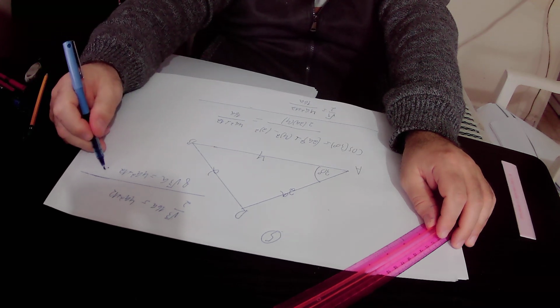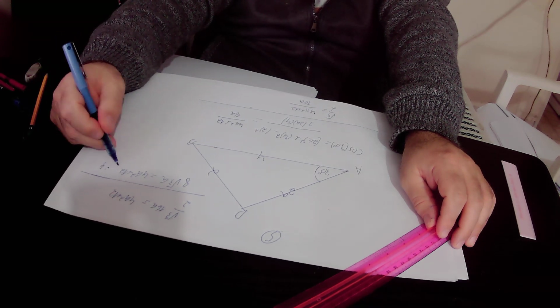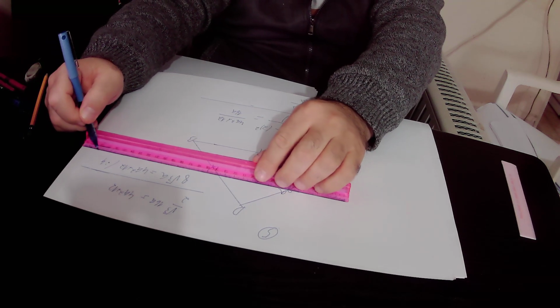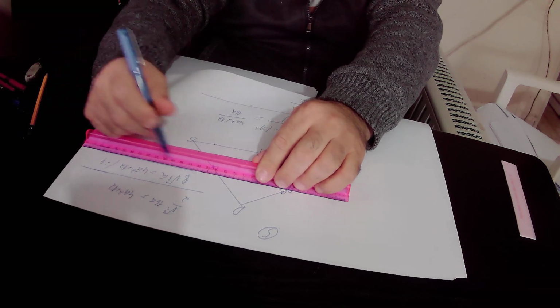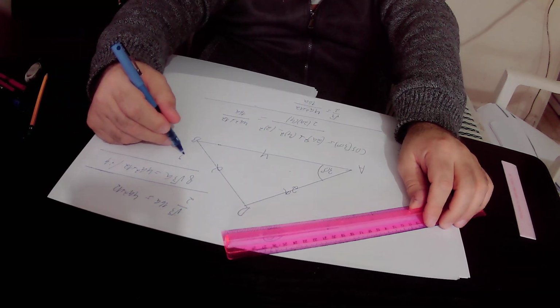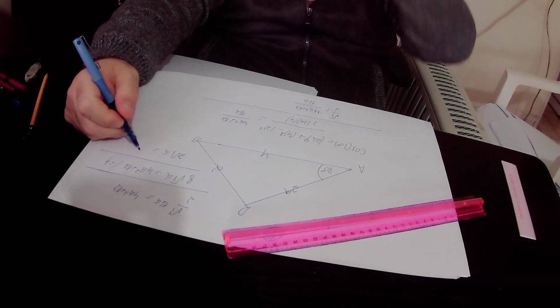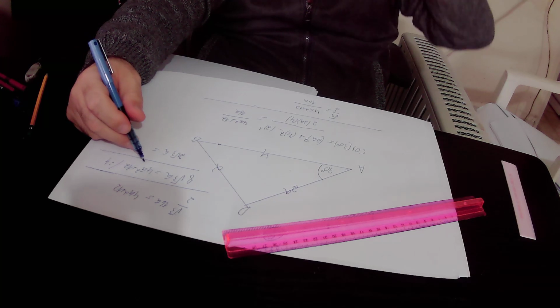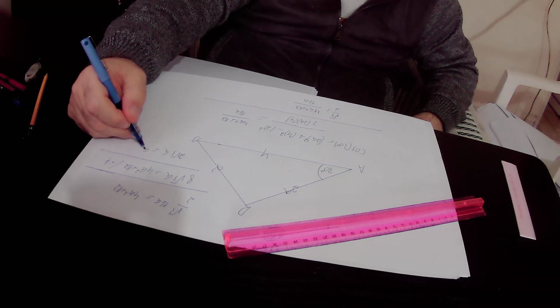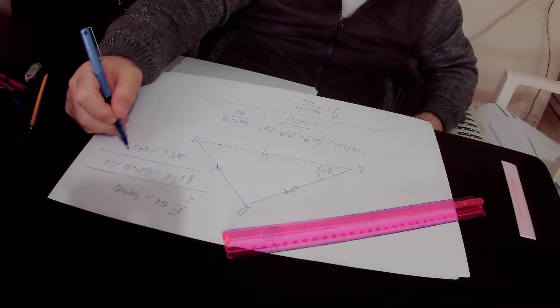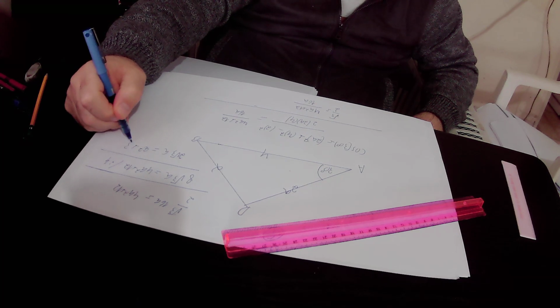Here we divide this equation by 4, and we will get that 8 over 4 is 2, so it is 2 times square root of 3 times a equals 4 over 4 is a, so here we will have a squared plus 12 over 4 is 3.